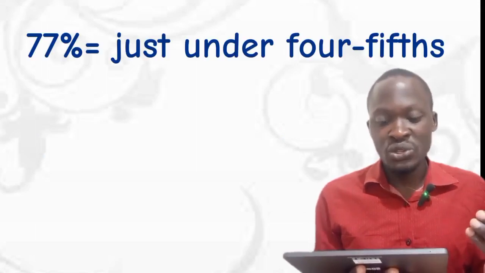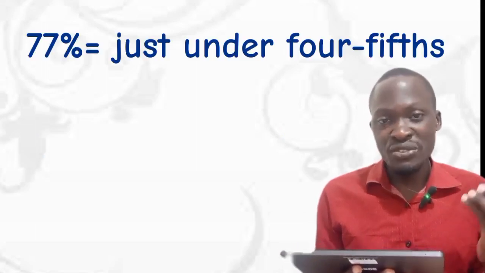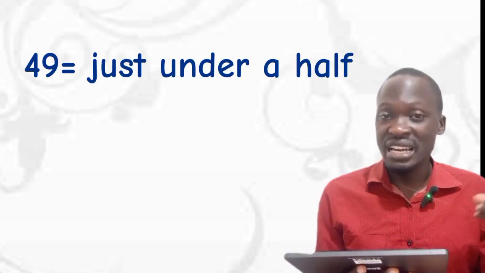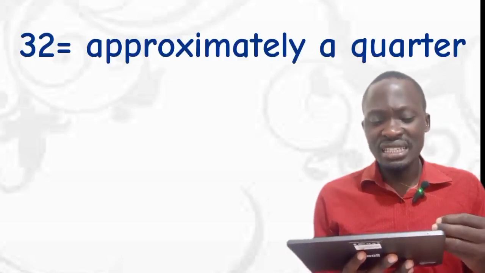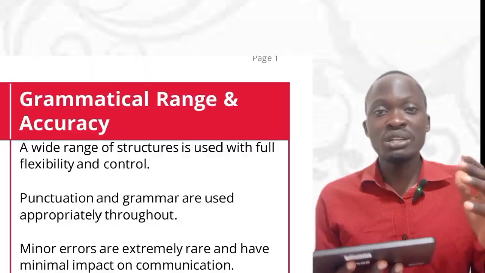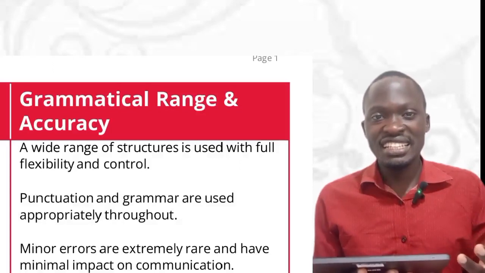So for instance, if they say 77, you could say just under 4/5, which is like just under 80%. 49, just over half. 32, you could say approximately a quarter. So you have to really vary your language.